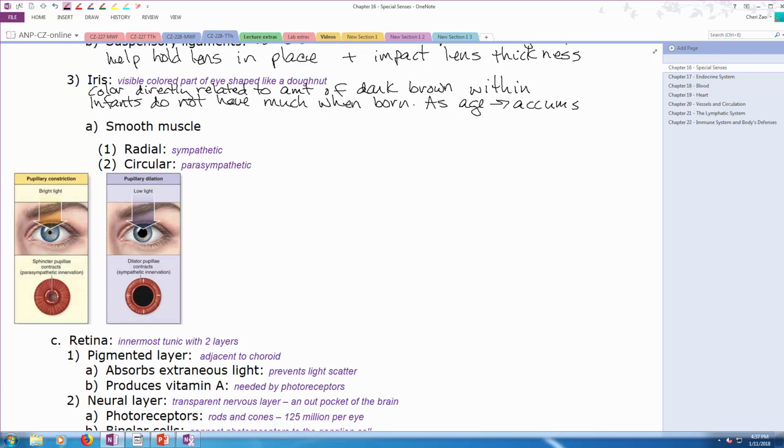And so what happens is there's not much dark brown pigment, and there's the muscle fibers as well as vascularity associated with their iris. And as they age, more dark brown pigment is being produced based upon their genetic profile, and they'll continue to produce more and more dark brown pigment based upon what they are genetically destined to have. And ultimately around age 2 or 3, you'll be able to say whether your baby has blue eyes or green eyes or brown eyes.